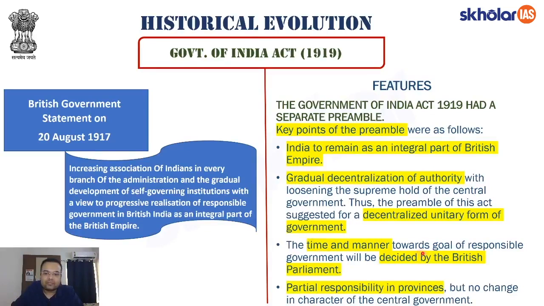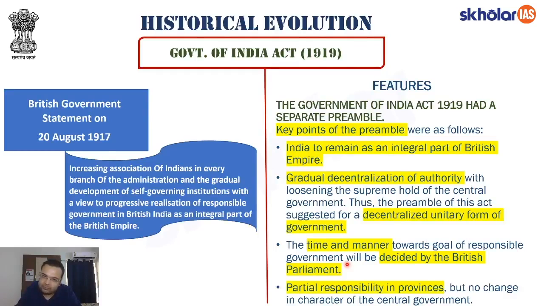The time and manner towards the goal of responsible government will be decided by the British Parliament. So essentially, on one hand, the Britishers said in the preamble of the Government of India Act 1919 that they were looking to decentralize more, and to move to a model which can be called responsible government. But how exactly will they do so?